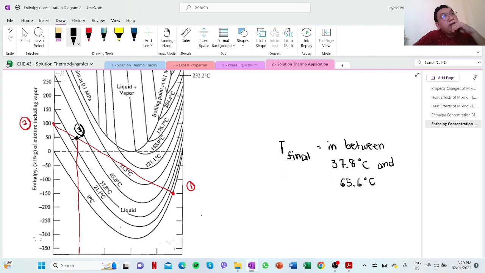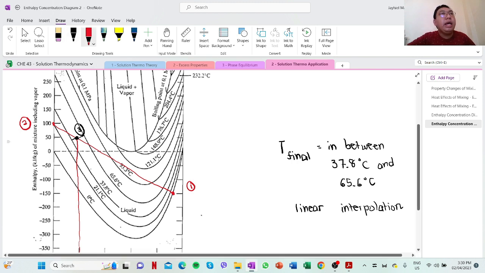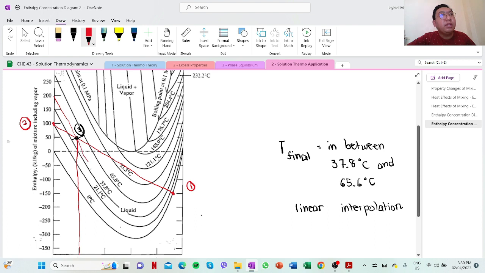Now, for the interpolation, I think we can actually interpolate this one. You just use your ruler. Use linear interpolation. If I'm going to solve this, my approach will be to read it, since the isotherm is expected to be here.